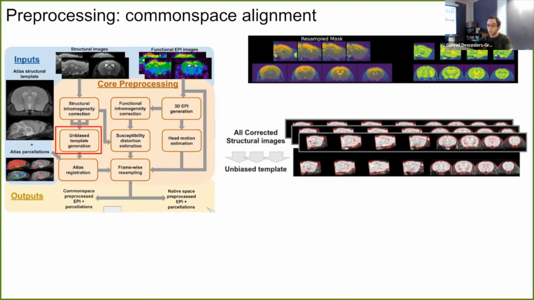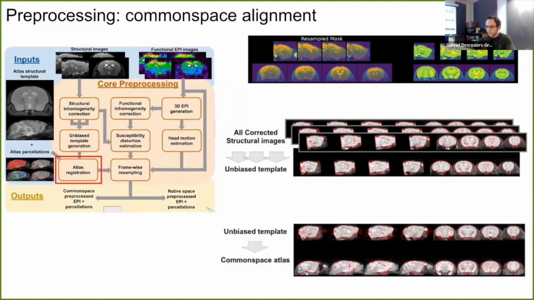Whereas the external template might have different acquisition parameters, it might be a histological atlas in certain cases, and that can lead to more registration errors between the different subjects. So having this intermediate template helps have a more robust registration, basically. And after that's generated, then the unbiased template can itself be registered onto the common space atlas to finalize the common space alignment.